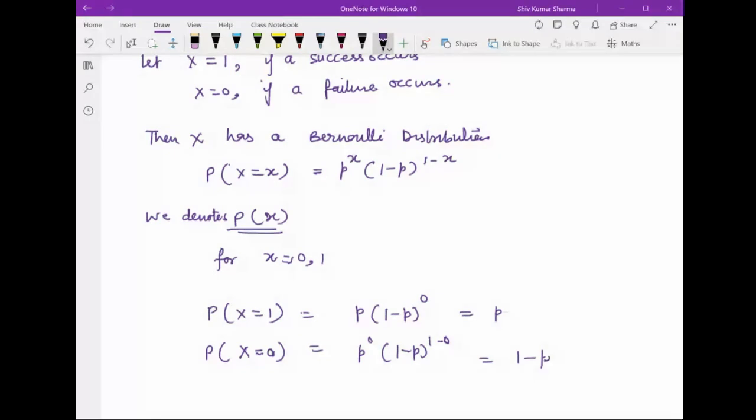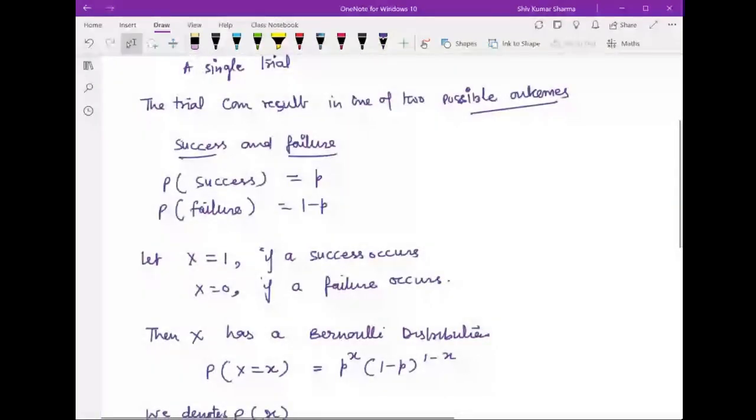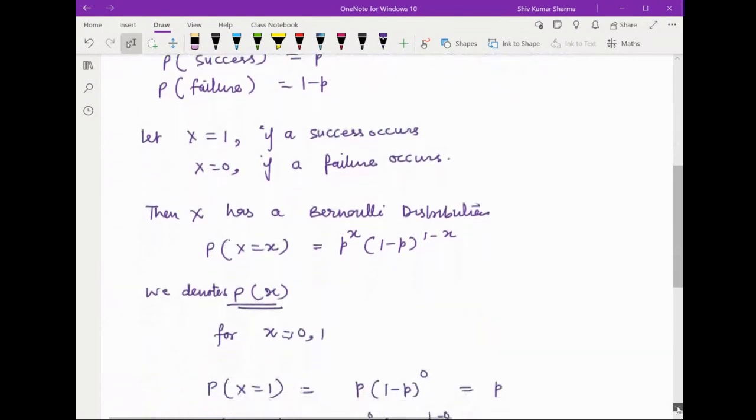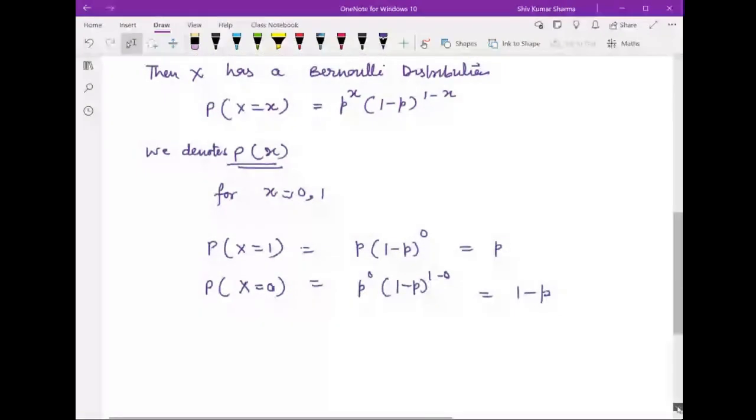That means the probability of failure is 1 minus p. So above we wrote these two things: with success we noted a small p, and with failure 1 minus p, for the particular cases when x equals 0 or 1.